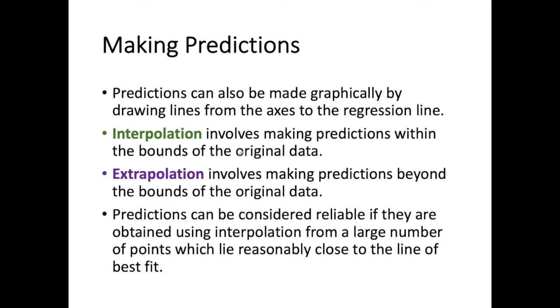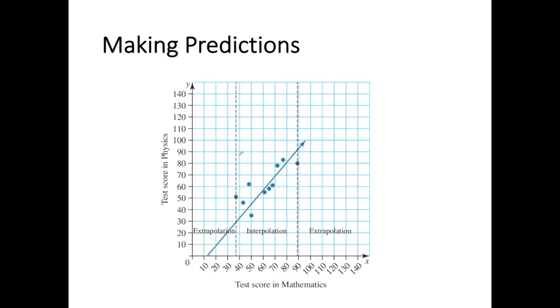Predictions can be considered reliable if they are obtained using interpolation. So where the dots already are on the scatter plot, and if you've got a large number of dots around them, you can reasonably rely on those predictions. Having a look, we can see that we have points up in this area of our scatter plot.